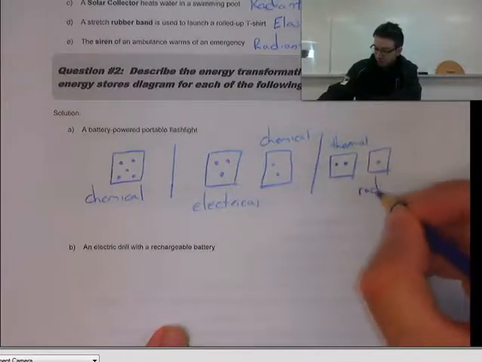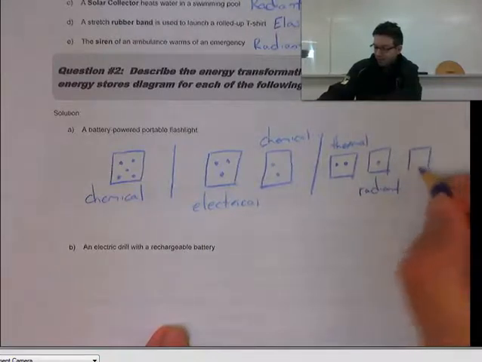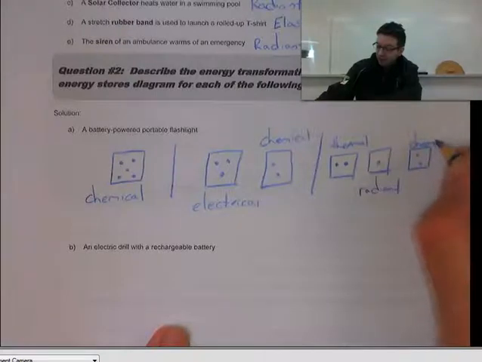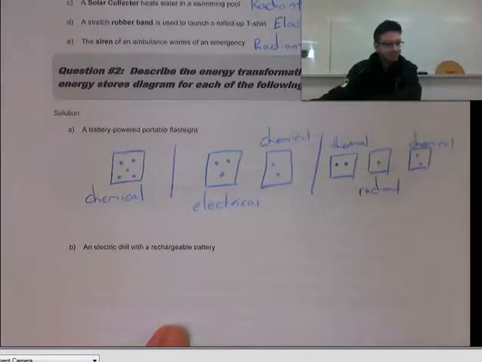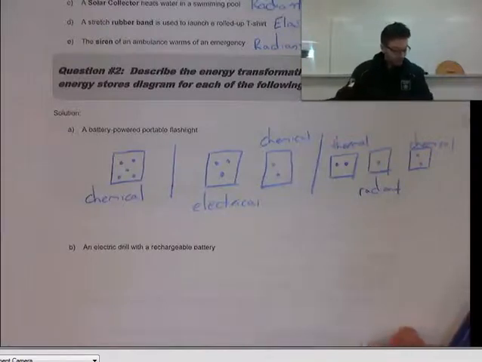And you still have this chemical over here left over, which can later be further transformed into electrical. Again, the number of dots I'm choosing really is arbitrary. The important thing is when you transfer, you don't lose or gain any dots, because that can't happen.